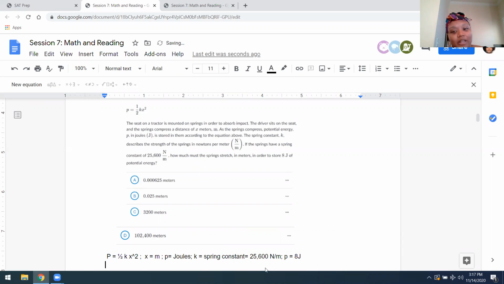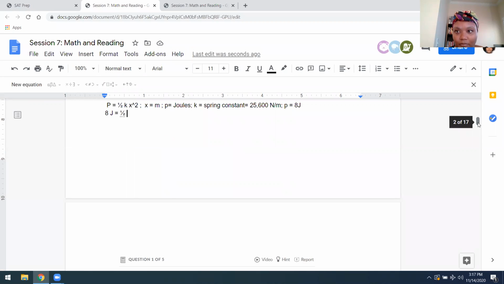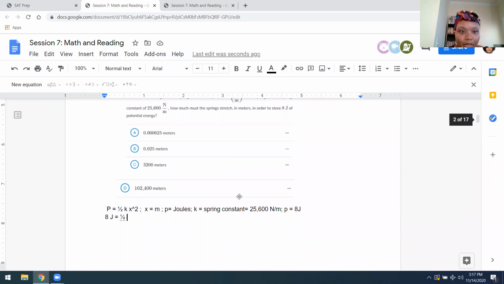So let's put everything together that I have. Let's plug it in. We're starting right here with this equation and plugging in everything we have. I have 8 joules, half, which we don't have to translate, then K, which is 25,600 newtons per meter.